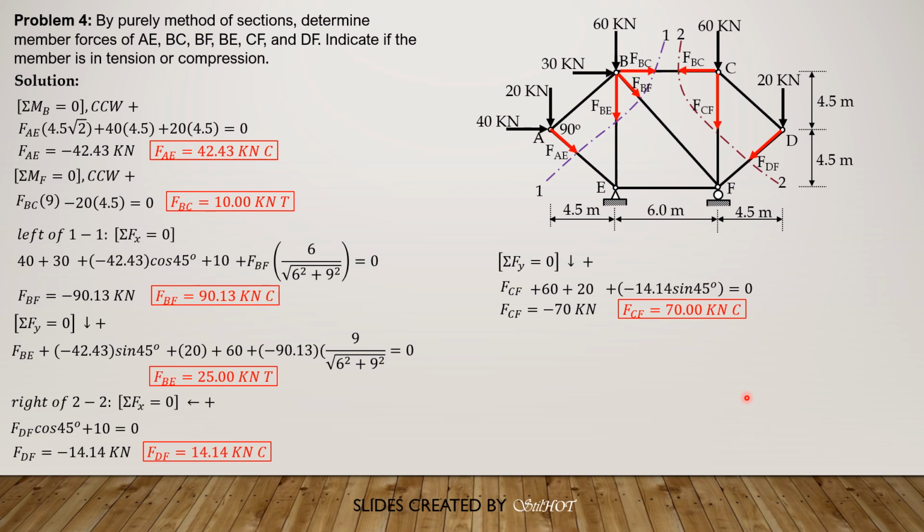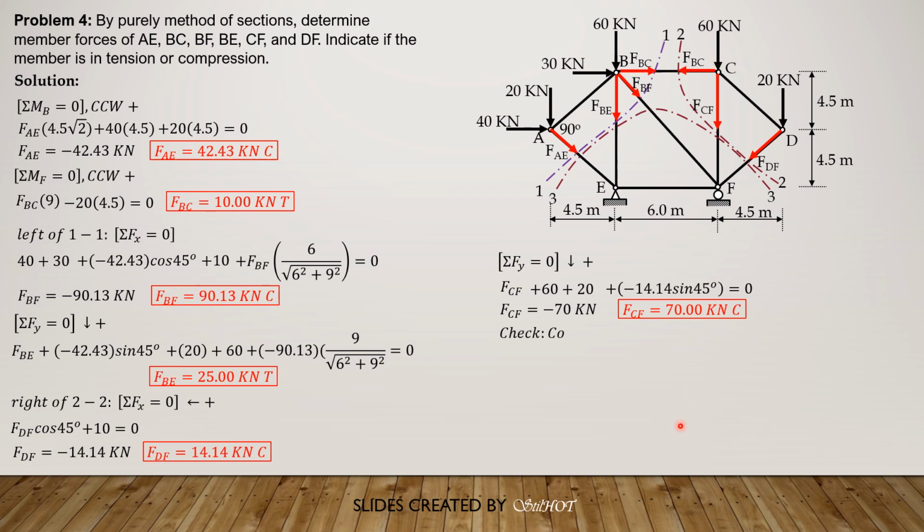So to check, let's consider section 3-3 and above, all forces above it. So take note that FBC is not cut. Anyway, if we include FBC, we have rightward and leftward that cancel out. So that means we do not involve FBC.